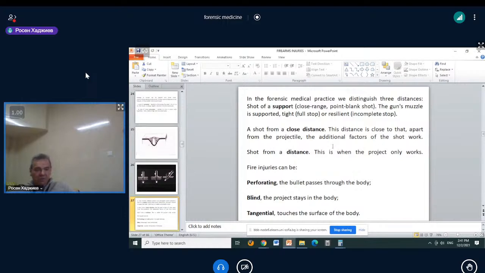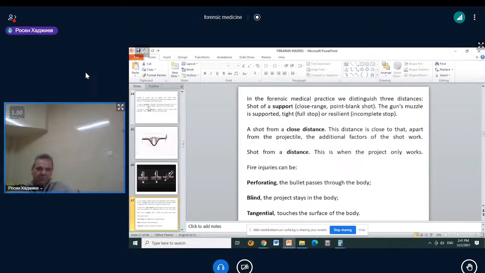Second, a shot from a close distance, when there is a distance between the muzzle and the skin. In this case, we have action not only of the projectile, but of all the additional factors. And in a shot from a distance, only the bullet is acting. We have no additional factors.